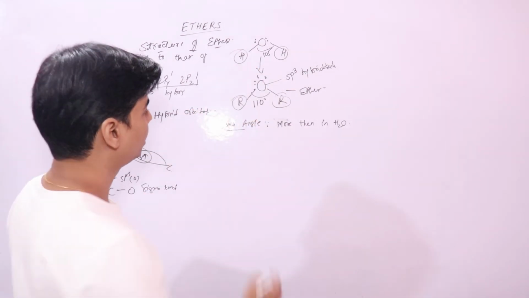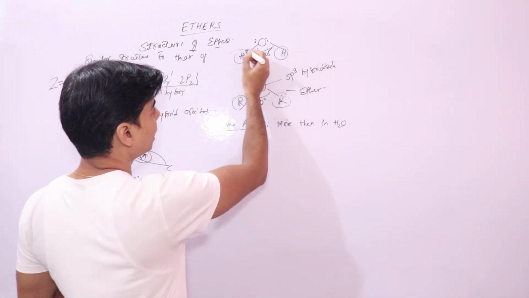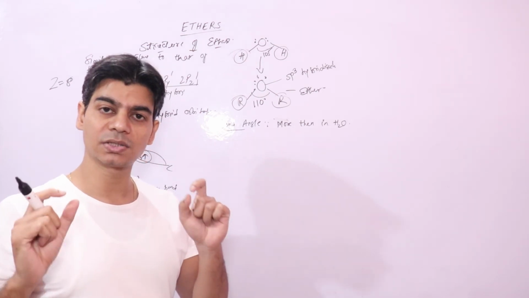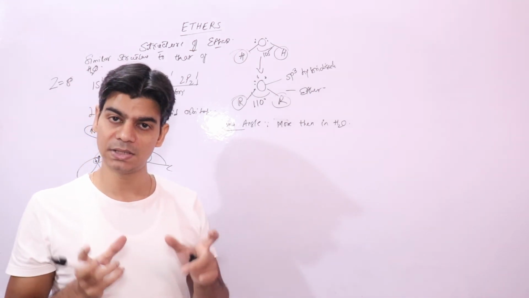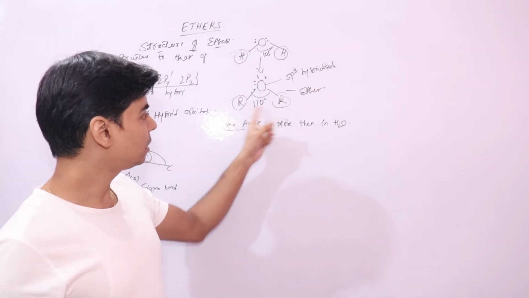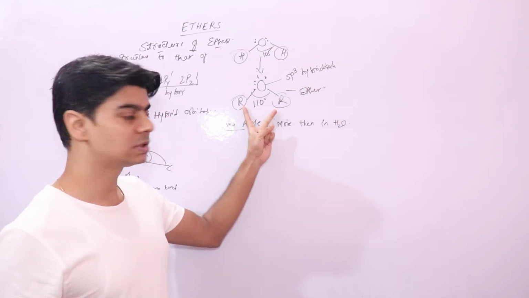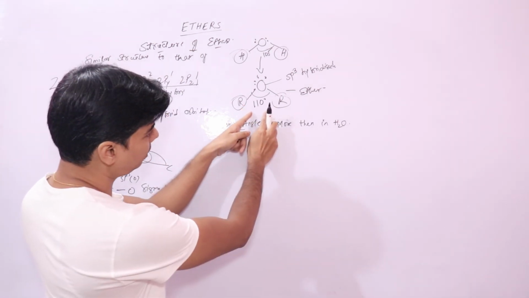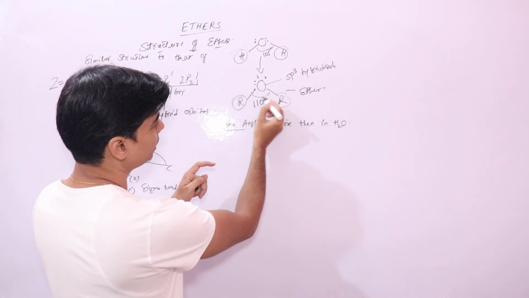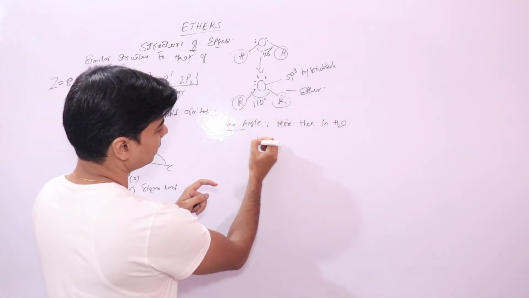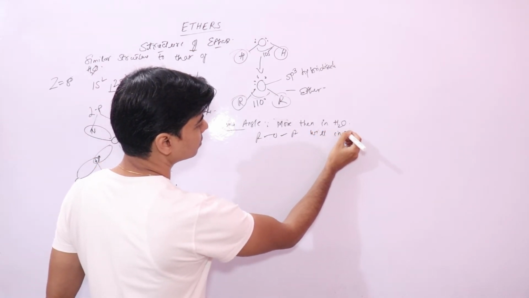This is due to the repulsion between these bigger alkyl groups. We know that hydrogens are small atoms, so they have less steric strain and less steric repulsion. But these are bigger alkyl groups, so they have more steric repulsion. When they repel, they move apart, so the angle ROR will increase.